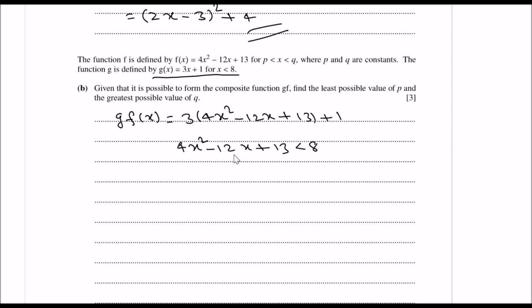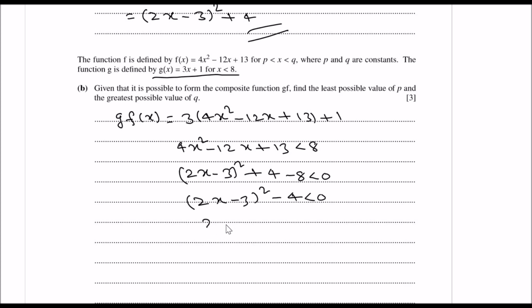Now to solve this, we will use the completing the square form that we have written above. So (2x − 3)² + 4 less than 8, right? And bring 8 to the left side, we get minus 8 less than 0. So (2x − 3)² − 4 less than 0.